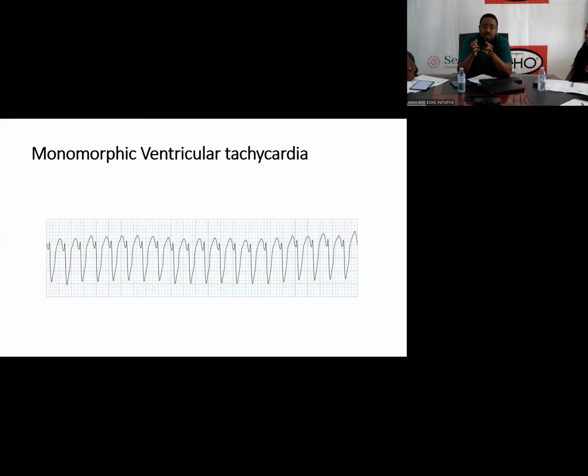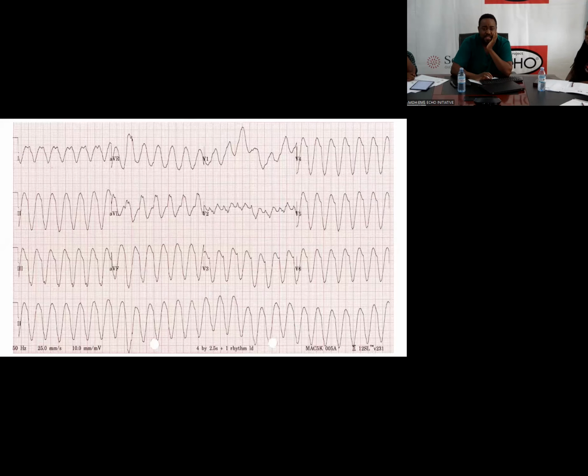There are various forms, but for purposes of this presentation, we'll just talk about the monomorphic one, which has a common appearance for every QRS complex. Very bizarre, wide, and too rapid. Because it's too rapid, the heart is unable to relax and fill with blood. So at the extreme end, the patient will be hypotensive and might get into shock because the heart is not filling with blood.